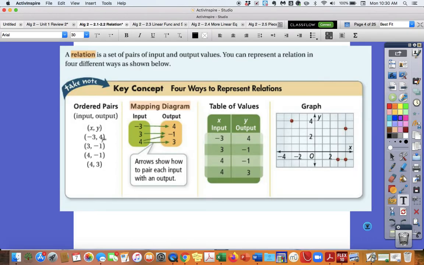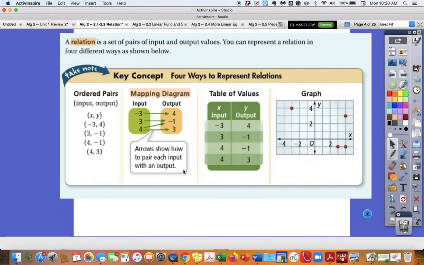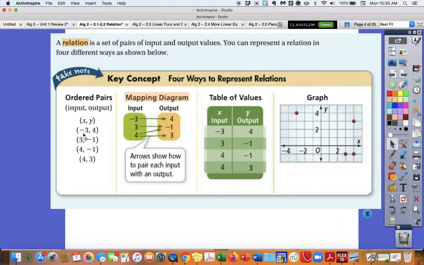We could write them as ordered pairs, as seen in this first column, where you put parentheses around each. These are using different numbers, but the same idea. There is something called a mapping, where you have a blob. It doesn't have to be a rectangle, but basically you have a grouping of all your input values and a grouping of all your output values, or y values, and there will be arrows showing the relationship.